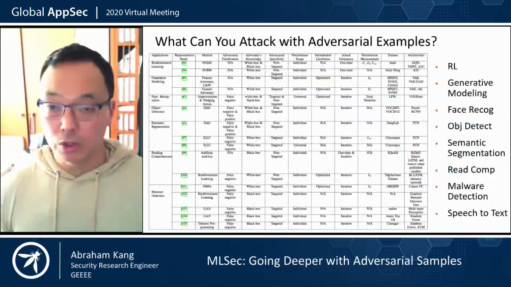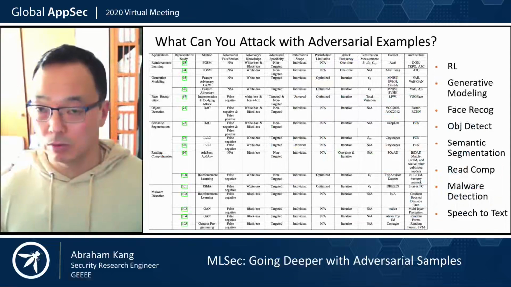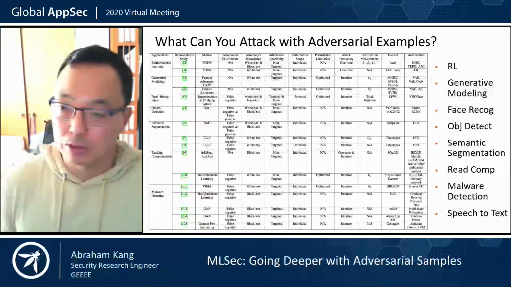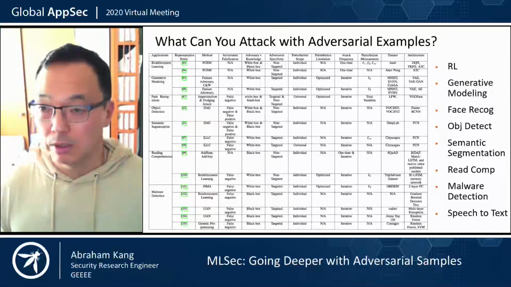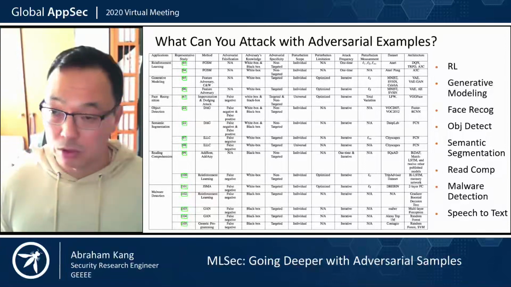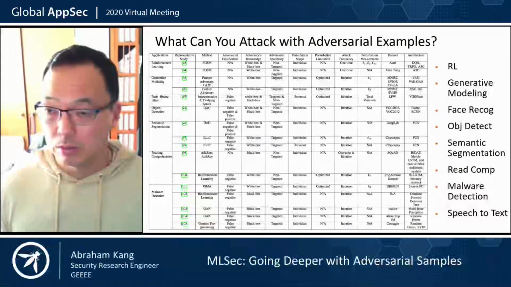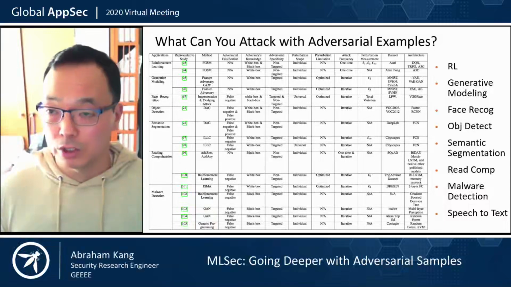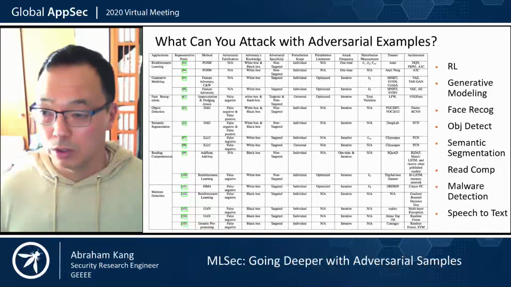So when we look at adversarial samples, we ask, well, what can you attack? What types of models? And if you look at this, it's pretty much everything. And this is specifically related to deep learning. But today we're going to actually talk about the other machine learning models that are also prevalent in your enterprises and used within your enterprises to make decisions and to make predictions.